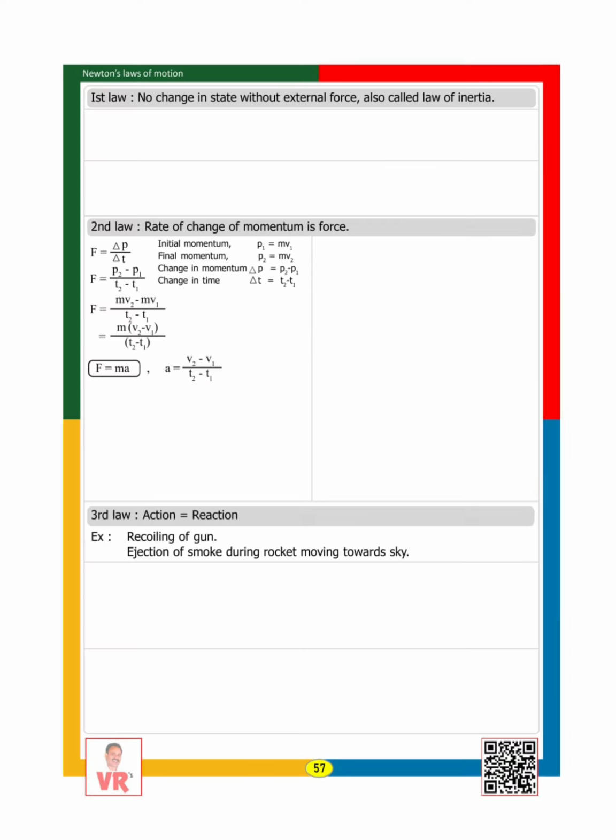Now answer. Rate of change of momentum is called force. Which law is applied for this? Beautiful. Newton's second law.